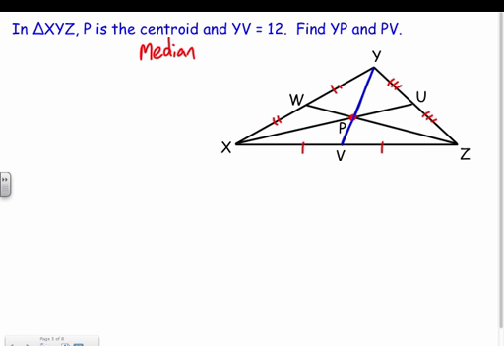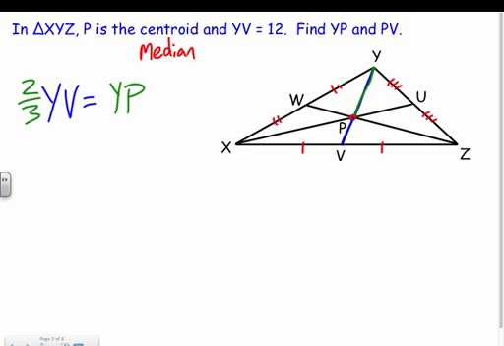What do I know about YV? From the vertex to the centroid is 2/3 of the whole thing. So if I took 2/3 of YV, I would get what YP is.